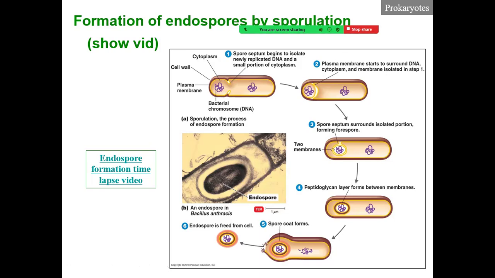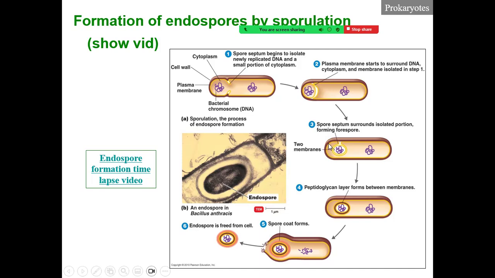The bigger cell remains the parent cell that forms the endospore, and the plasma membrane will separate one of the molecules of DNA. It'll actually form two cell membranes around this DNA.